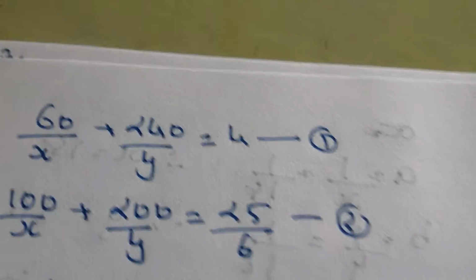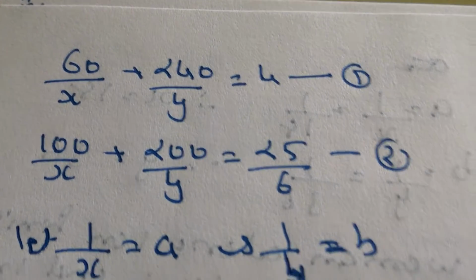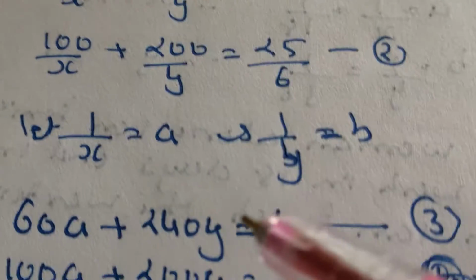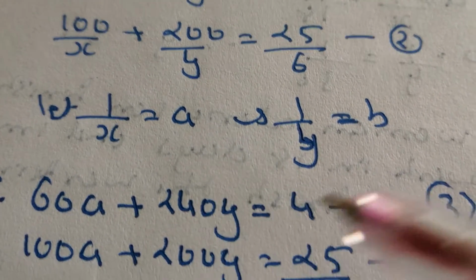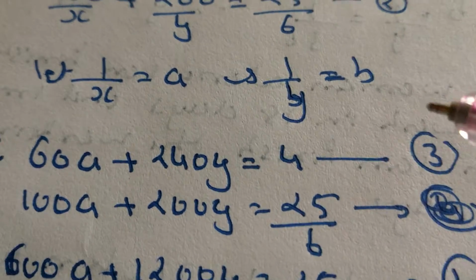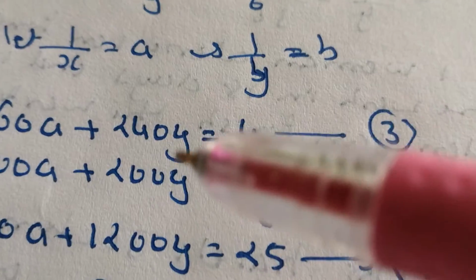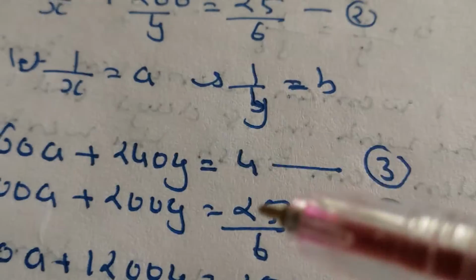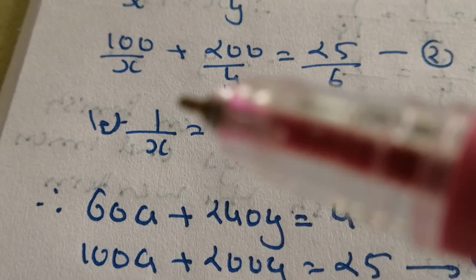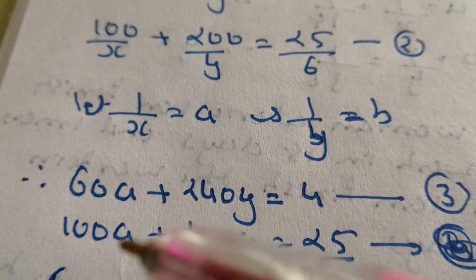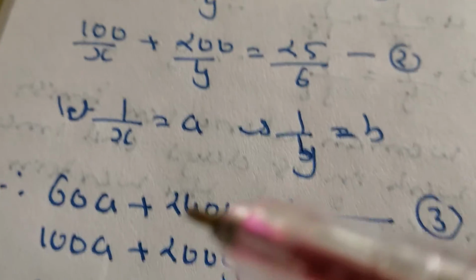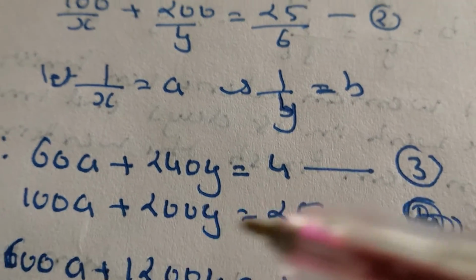So I have written equations 1 and 2 again over here. Now I am going to assume 1 upon x is equal to a and 1 upon y is equal to b. So the first equation, 60 upon x is 60a, 240 upon y is 240b, is equal to 4. And the second equation, 100 upon x is 100a, 200 upon y is 200b.